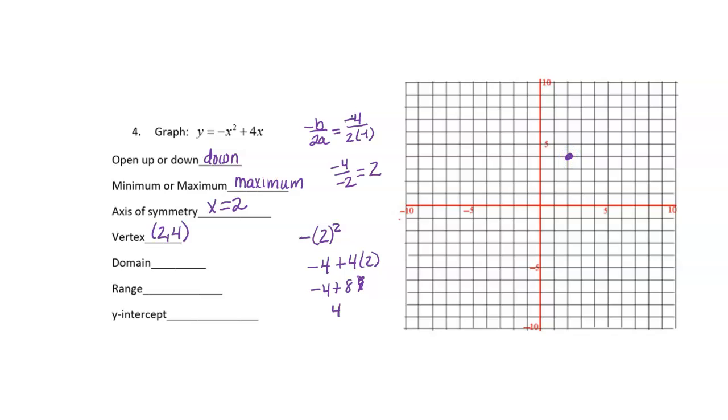There's my vertex. So I have -1, so I can use -1, -3, -5 as my pattern. Left 1, down 1, right 1, down 1, left 1, down 3, left 1, down 3, left 1, down 5.